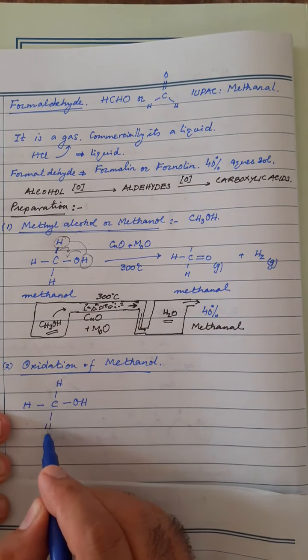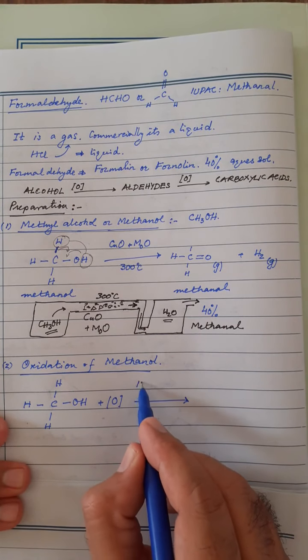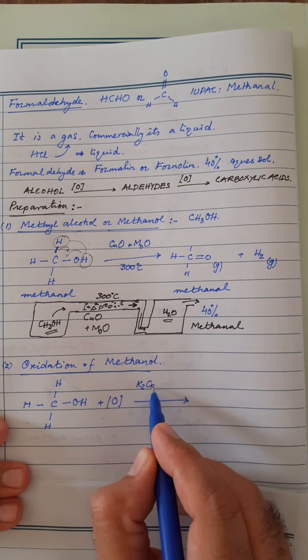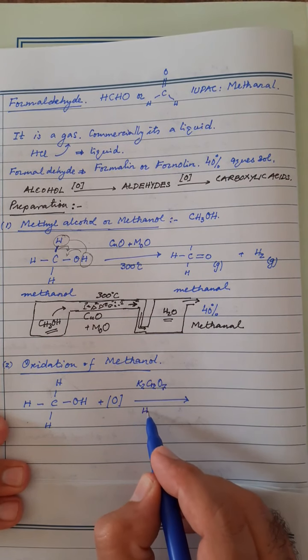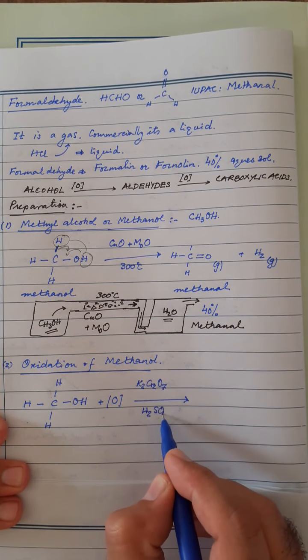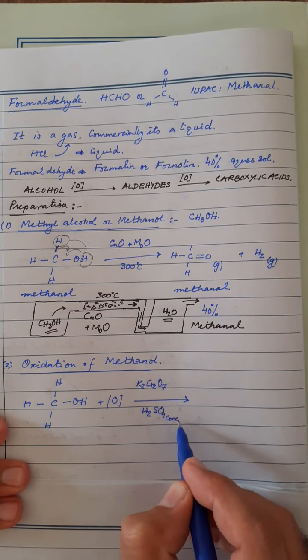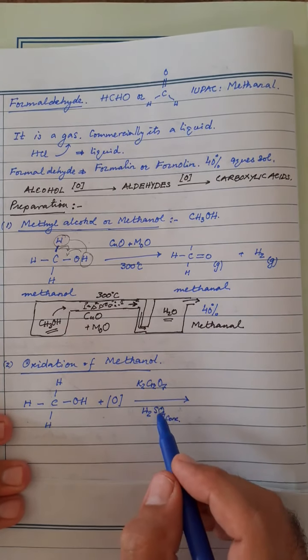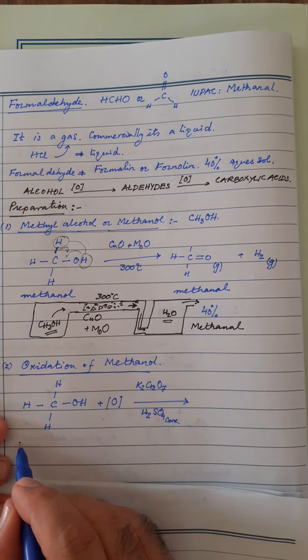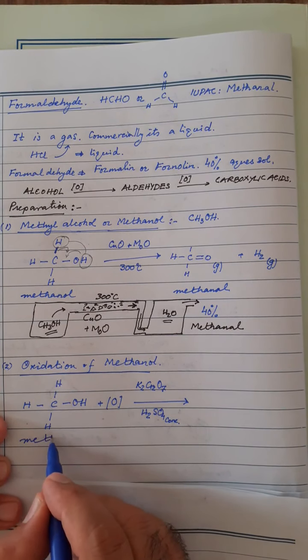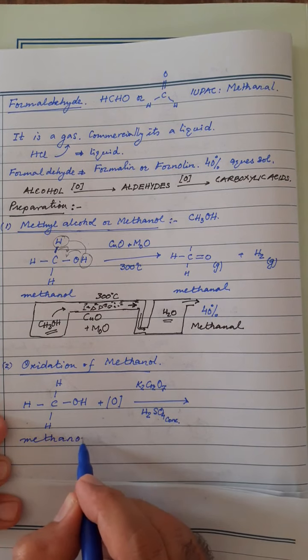We bring enough oxygen when we pour K2Cr2O7, potassium dichromate, in concentrated sulfuric acid, H2SO4. It releases lots of oxygen, which goes and reacts with methanol.